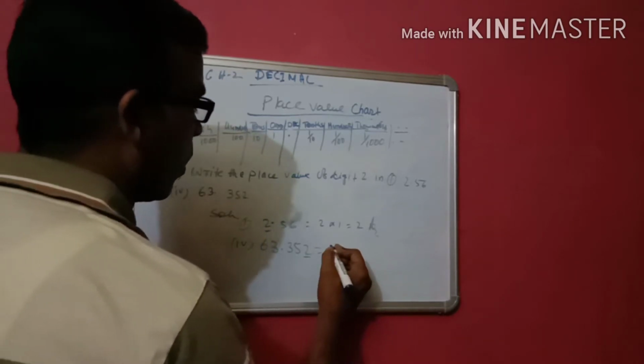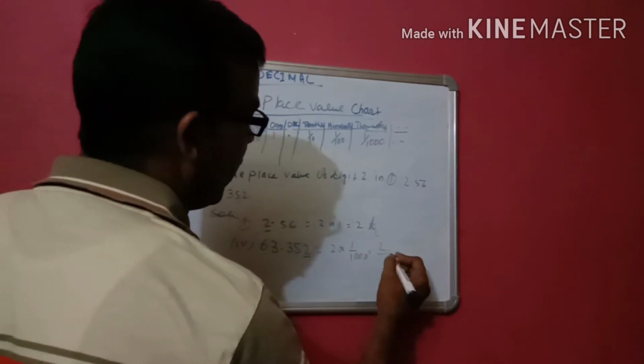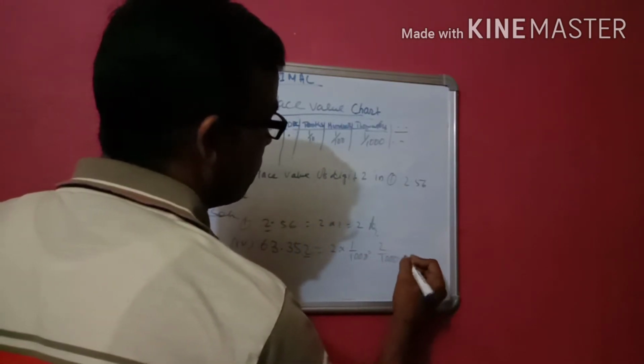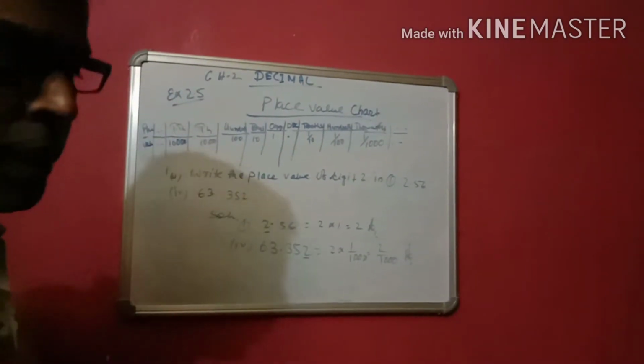So it is holding 2 into 1 by 1000, that is 2 by 1000. So this is the place value of this 2. Write down.